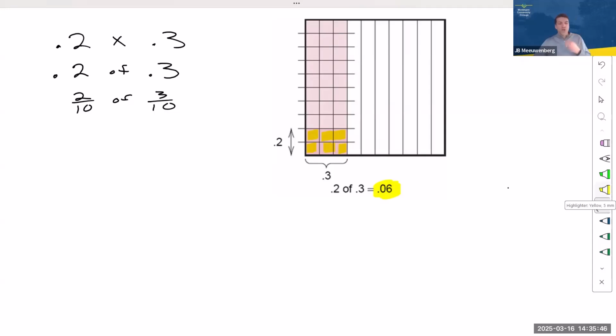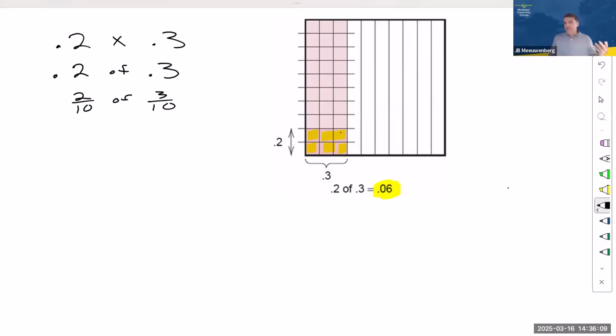So we like to start with that modeling so we can start to make sense of the diagram, the illustration that shows how we are computing products. We often are computing them as if they are whole numbers, and then we locate the decimal point appropriately.